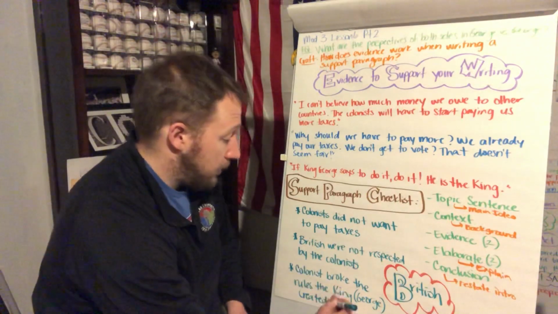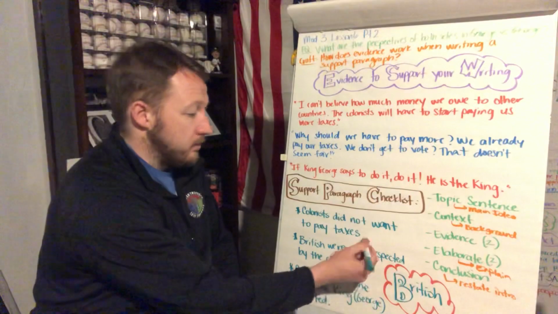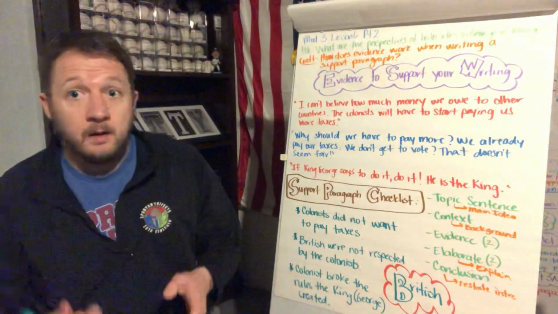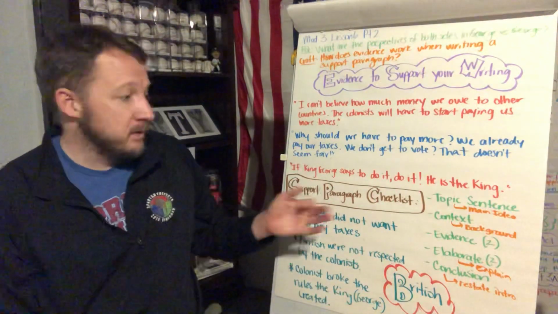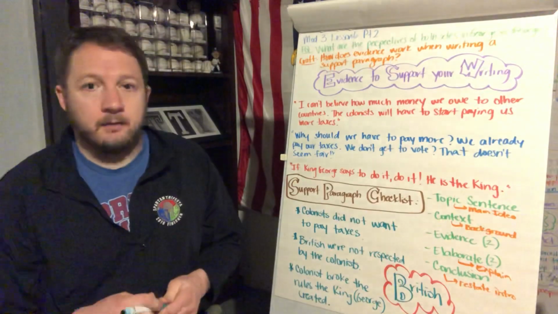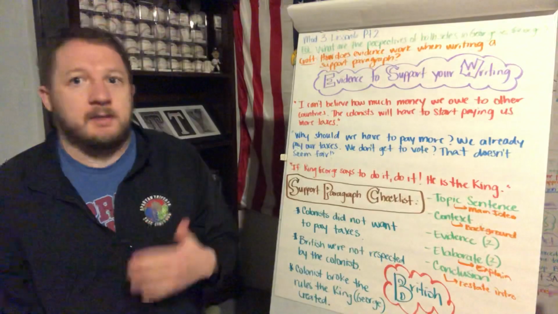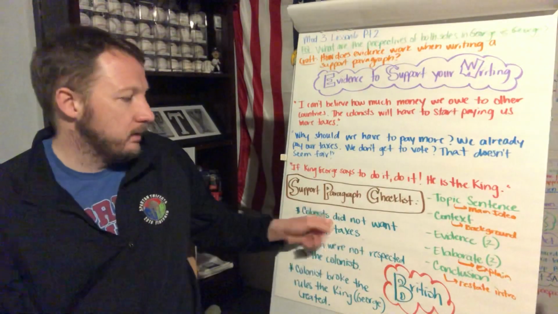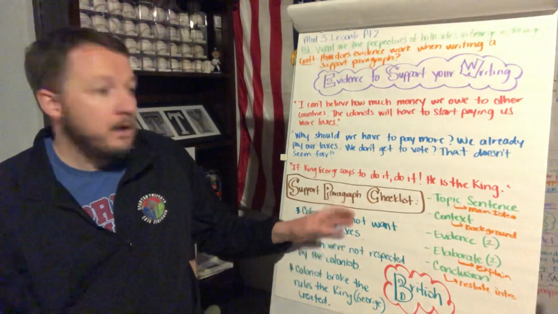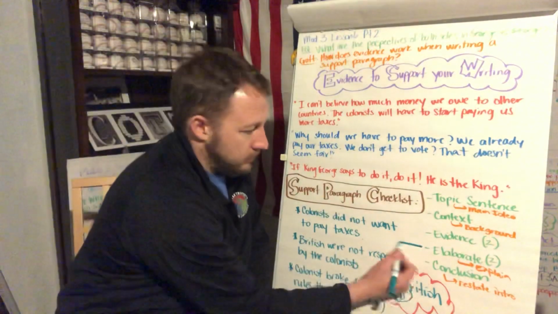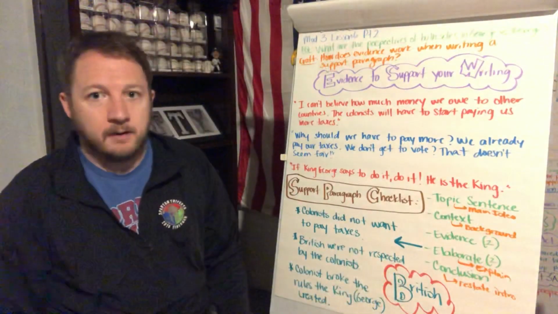So those are 3 things that you guys could use, but you would need more evidence to back up and support them. You would need a quote. You would need to say on this page or in this picture or in this article, it said this, this, and this. That shows that the colonists didn't want to pay attention. Like, these are all of your elaborates, okay?